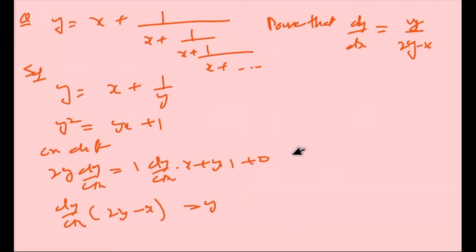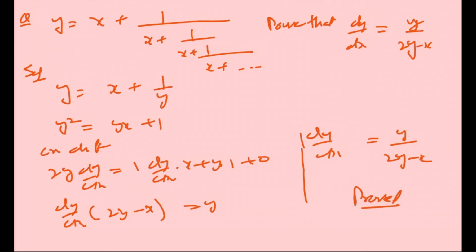So we can say dy by dx equal to y upon 2y minus x. Hence it is proved. Okay, student, you are learning very well about this topic. I think it is easy. If there is a problem, you can go through any books and try to do better.